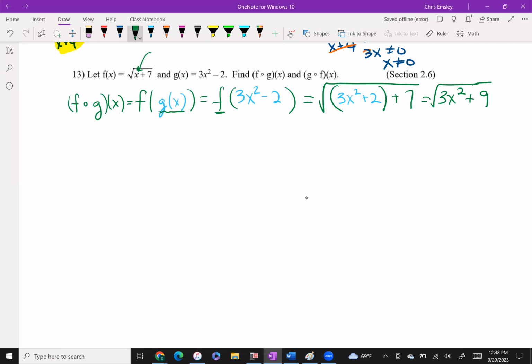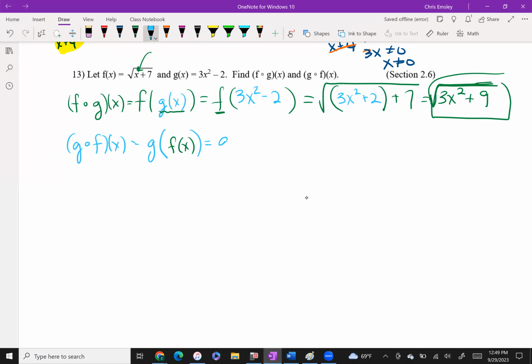Now what you can't do is take the square root of each of those terms. These are sums, so we cannot take the square root of two separate terms like that, so we leave it just like this. There's our first composite. Second one, we want to turn it around and find g of f of x. So now this time g comes first and f comes second, so it's the inside function.